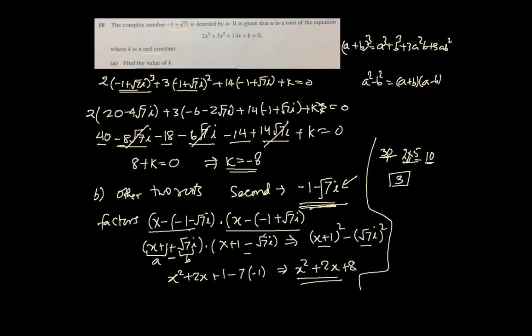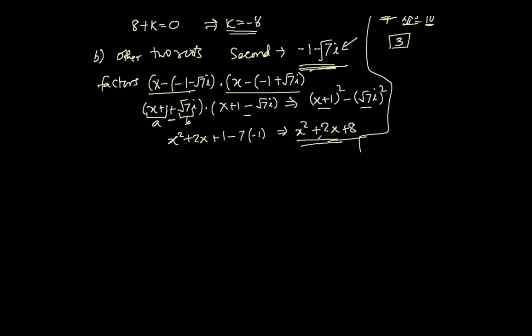I've multiplied these two, I got their multiplication, and now I will divide the polynomial I had with this result. So x square plus 2x plus 8 divides the polynomial we had, which was 2x cube plus 3x square plus 14x, and we got minus 8, k equal to minus 8. So this is what we'll do with long division now.